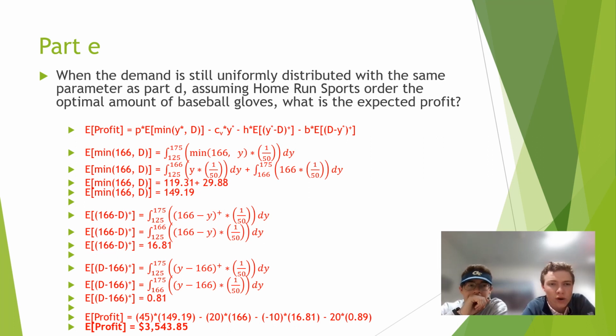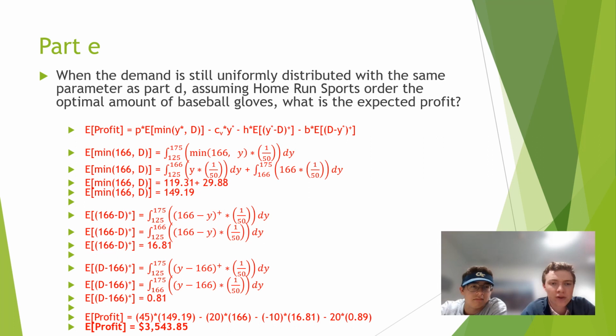And then for the expected value of the maximum of 166 minus demand and 0, you can make the integral bounds between 125 and 166, because once demand exceeds 166, that term goes to 0. And conversely, for demand minus 166, the maximum of that and 0, the bounds will be between 166 and 175, because when demand is less than 166, it'll be equal to 0.